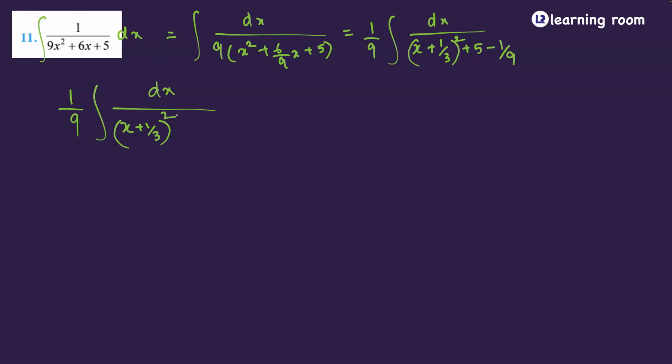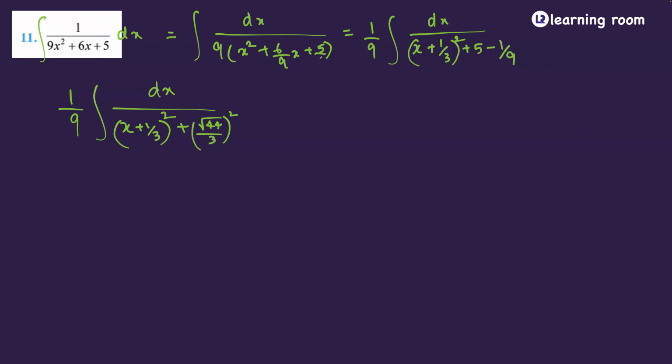So 5 minus 1 by 9 will be, let me write it like this, 44 by 9?